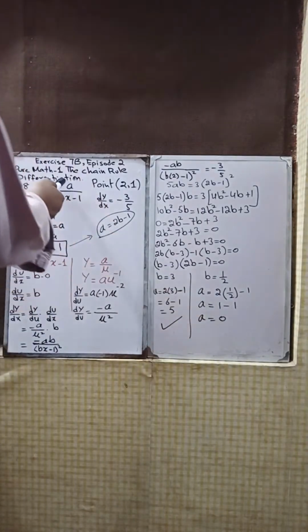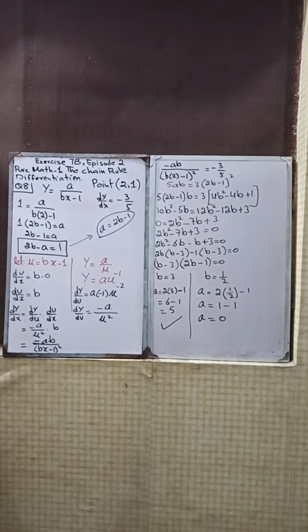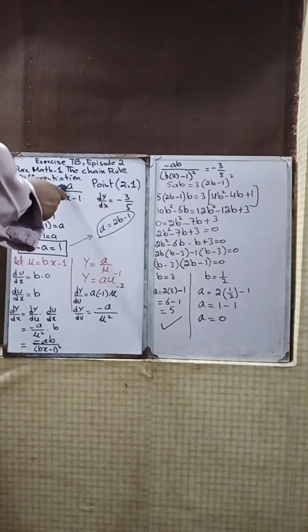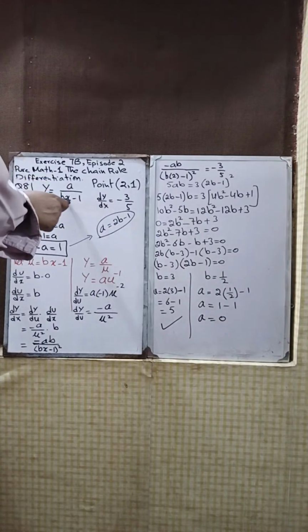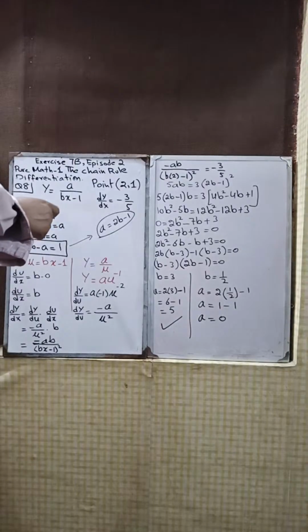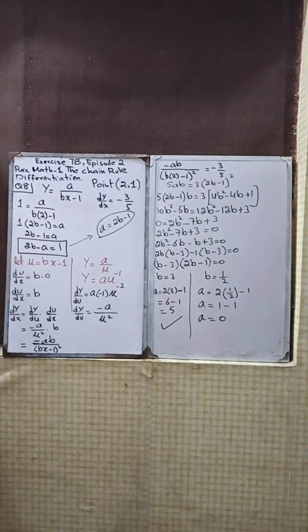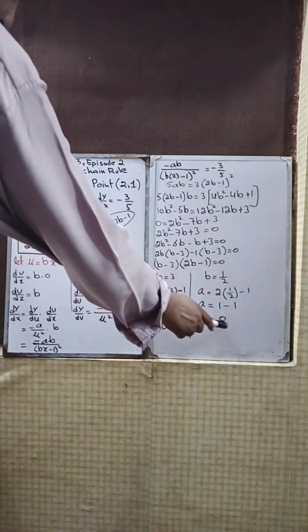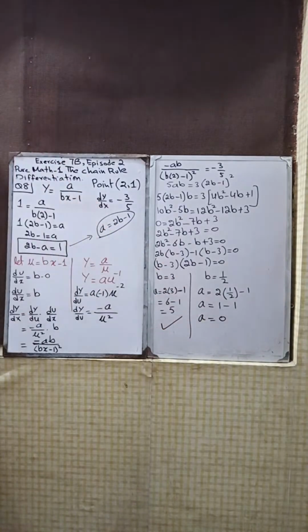If you put a equal to 0, it will make this thing 0, so this has been rejected. So the value of a is 5 and the value of b is 3.